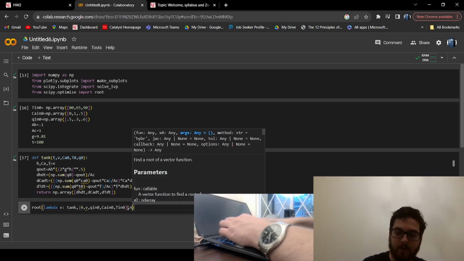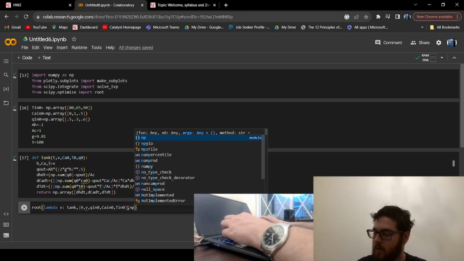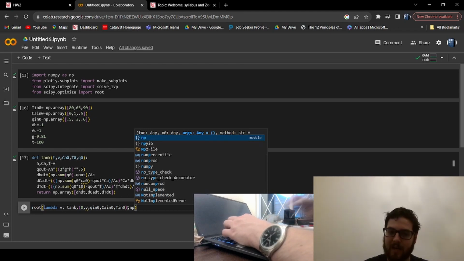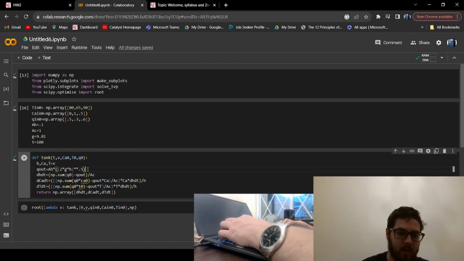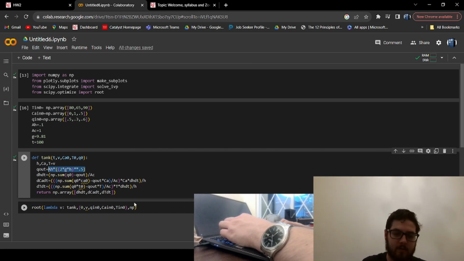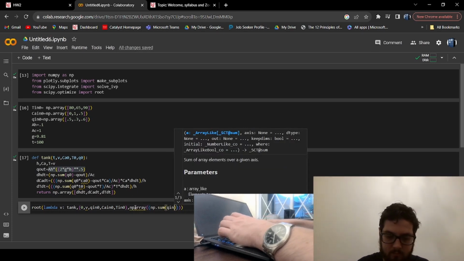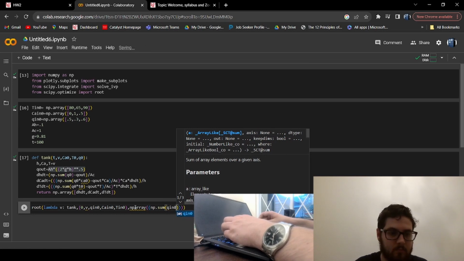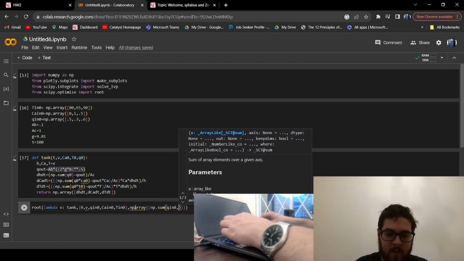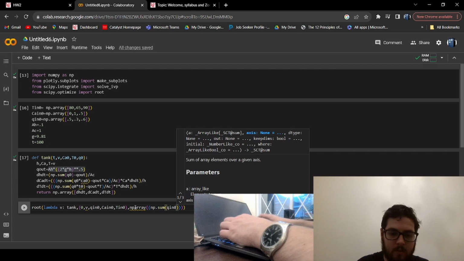And now I need to give it the initial guesses, and something I didn't derive, but we can just algebraically determine. We already know the initial height, so for that one it's as easy as summation of these things, nope, not a comma.